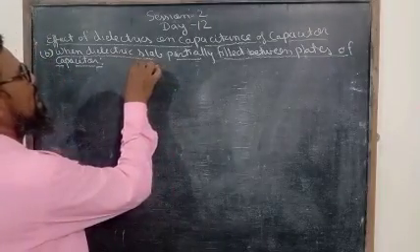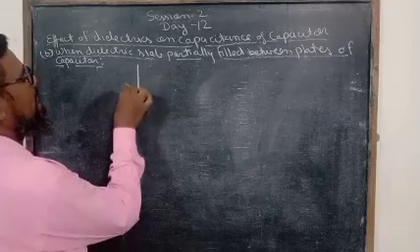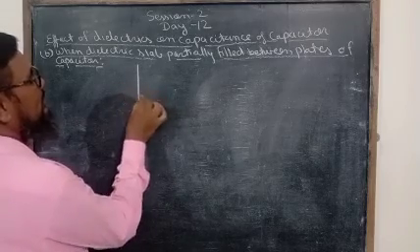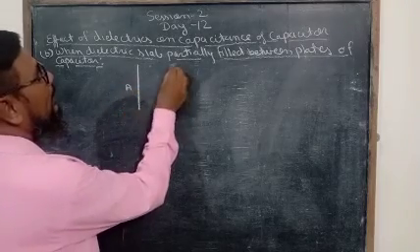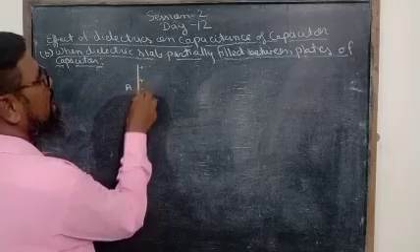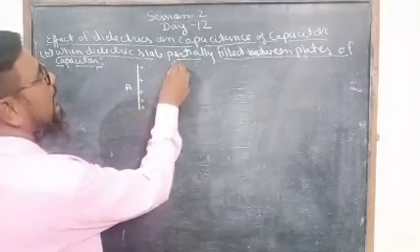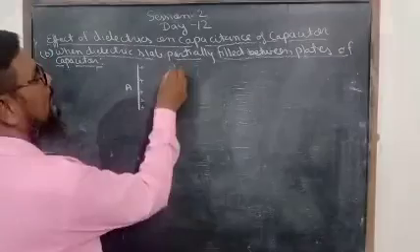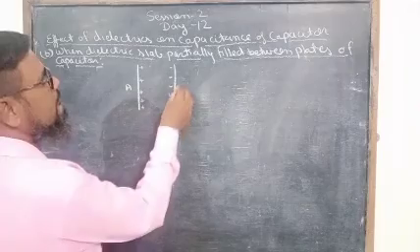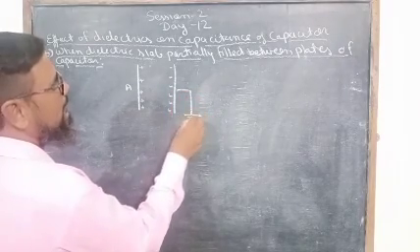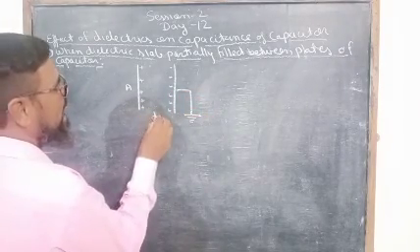We consider a parallel plate capacitor of plate area A, with one plate positively charged and the other plate with negative charge, and the separation between the plates is small d.